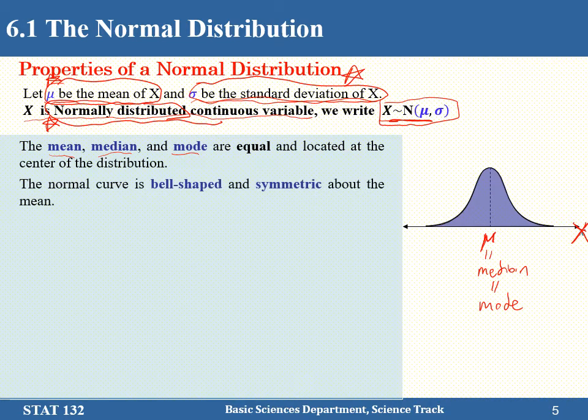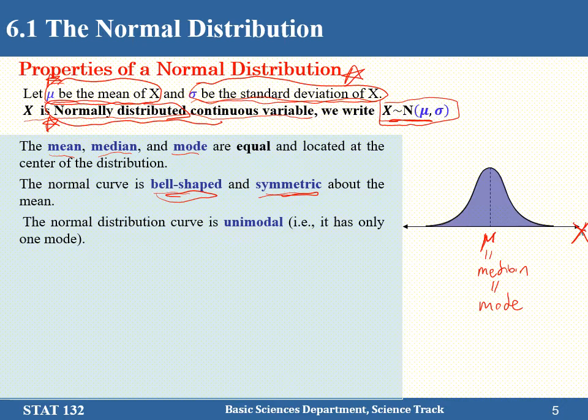And the normal curve is bell-shaped and symmetric about the mean. As you see, it's very clear that it's bell-shaped and it's symmetric. The normal distribution is unimodal. Unimodal means it has only one mode, so it has only one hump.